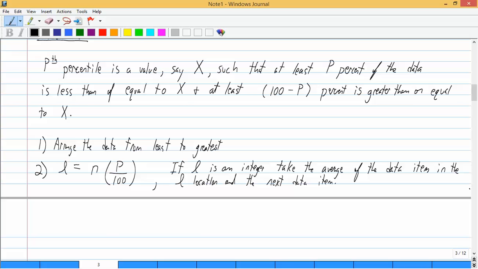That's what we do if, when we work out this little formula, we get a whole number or an integer.